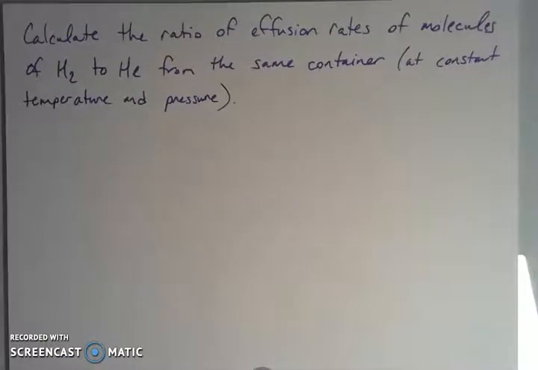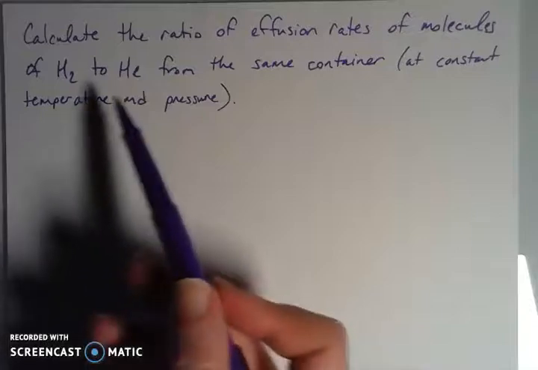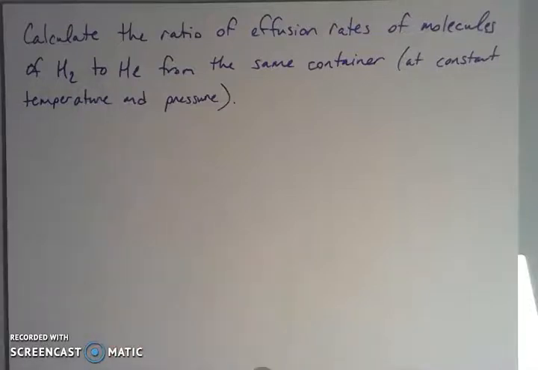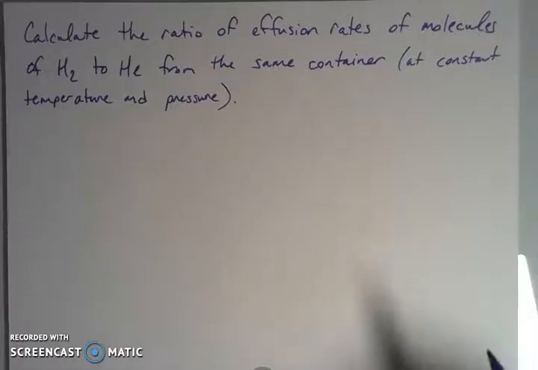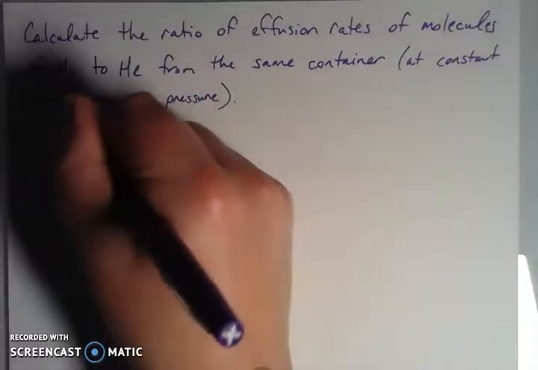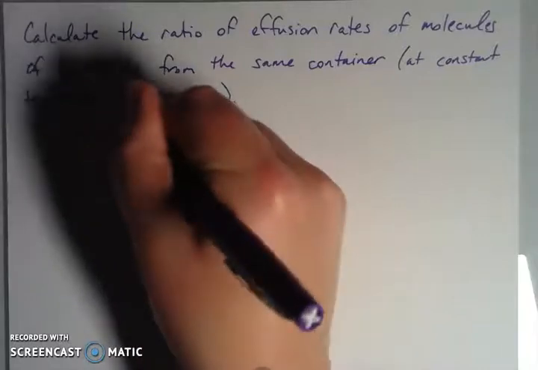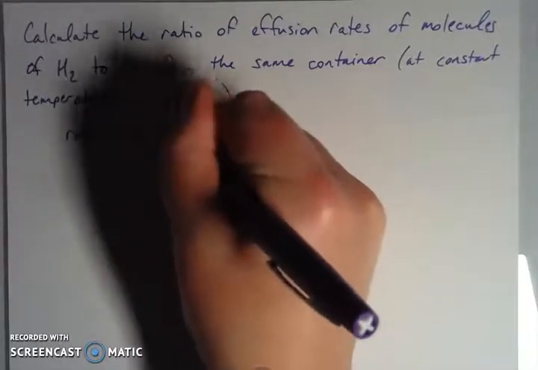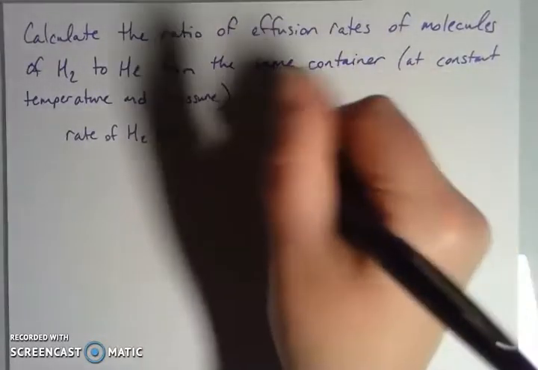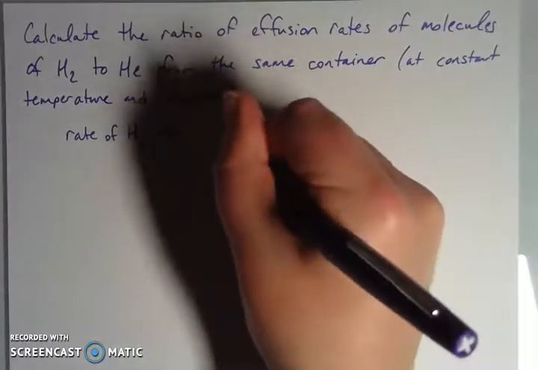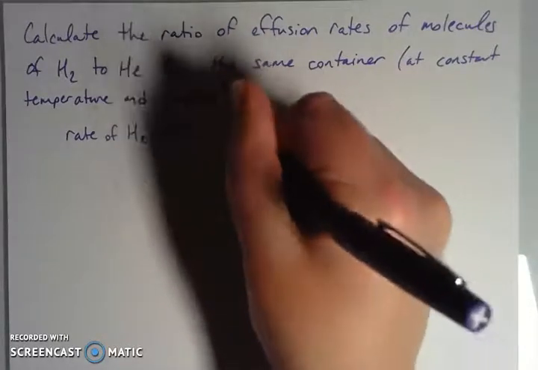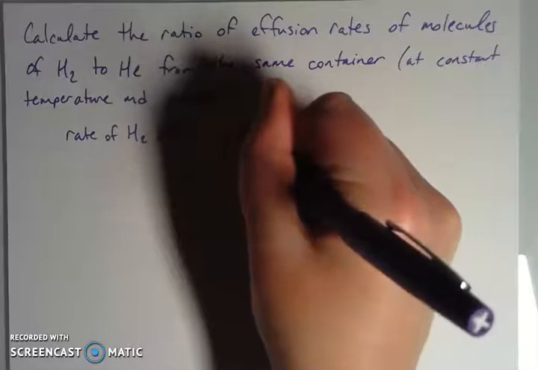We're going to calculate the ratio of effusion rates of molecules of hydrogen, so H2, which is elemental hydrogen, to helium, from the same container at a constant temperature and pressure. So a couple things. The rate of hydrogen's effusion is proportional to 1 over the square root of the molar mass of hydrogen.